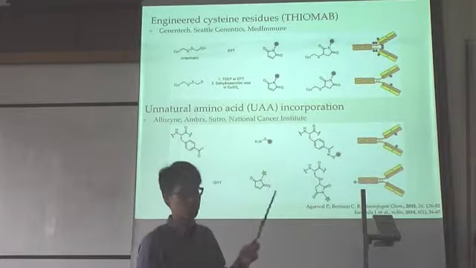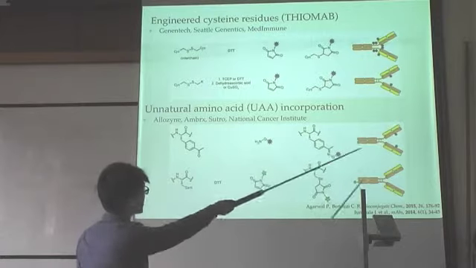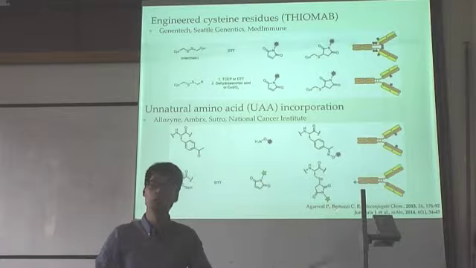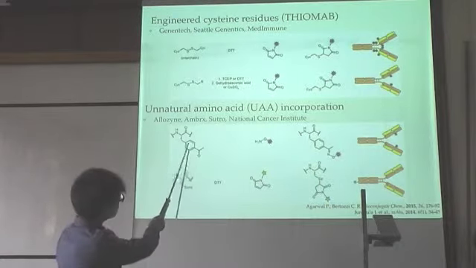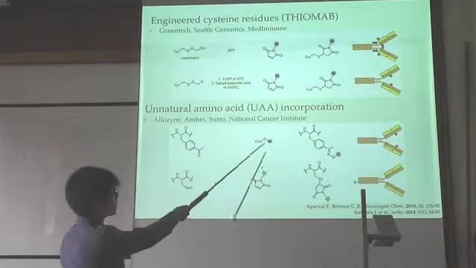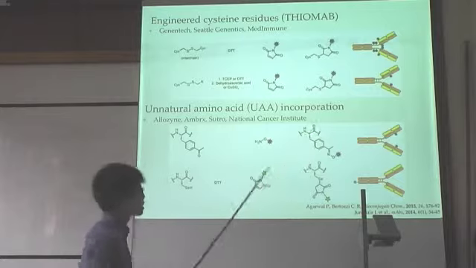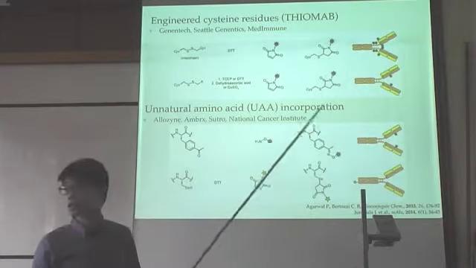Another way to do this is to incorporate an unnatural amino acid into your antibody. This method is a bit more challenging because you need more protein engineering techniques. But if you can do it, you can put, say, a ketone group, and then you do a condensation reaction with your drug. You can form a stable oxime linkage there, and you can do this site-specifically as well.